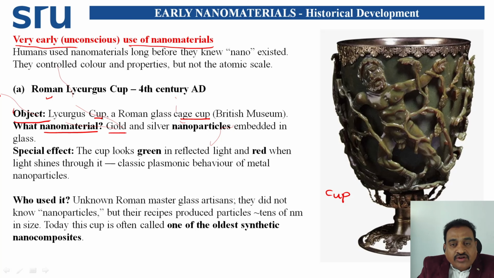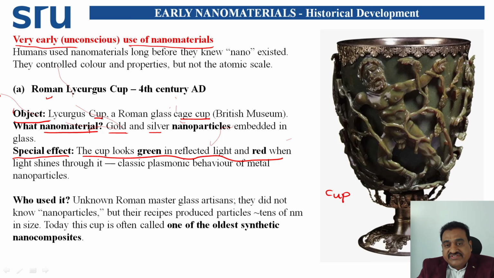Gold nanoparticles and silver nanoparticles are used in this cup, embedded in glass. What are the specific effects here? The cup looks green in reflected light and red when light shines through it. So, classic plasmonic behavior of metal nanoparticles.